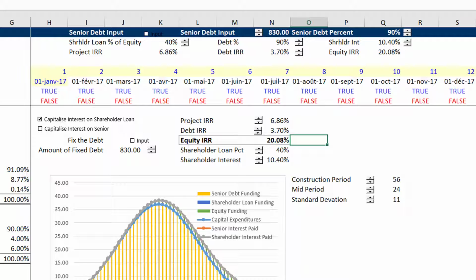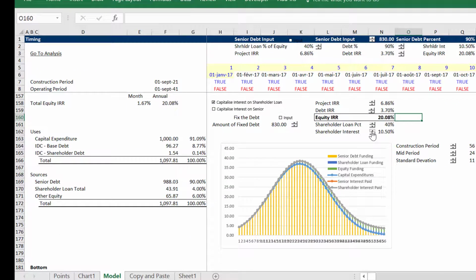And that's because we're putting some cost in here. And when I was doing this, I guess if I have a higher interest rate, let's see, we should get even higher debt. And of course it's driven by the difference in the debt cost and the equity cost.